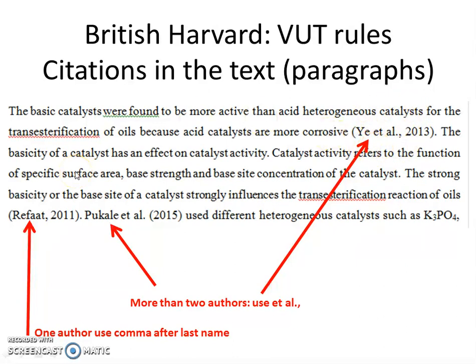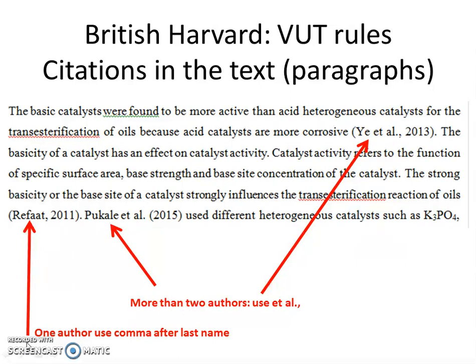But in some cases, you might even find an article that's written by 1 author. Here you can see an example of that, where Refat is the author all by himself, and he published his article in year 2011. So these are now the examples of citations in text.